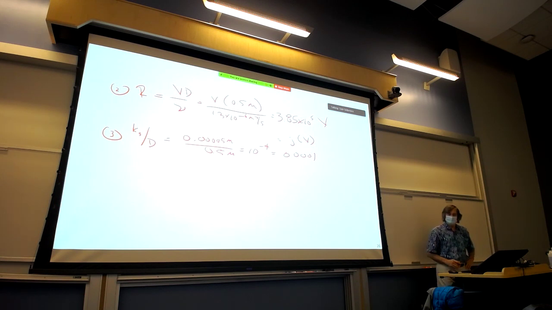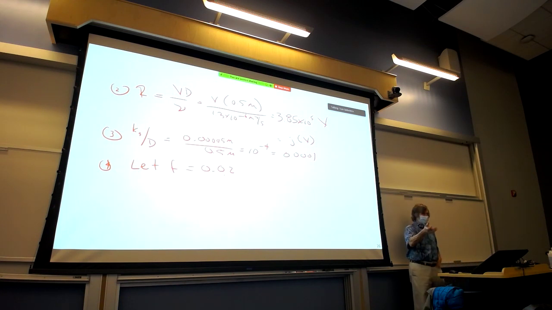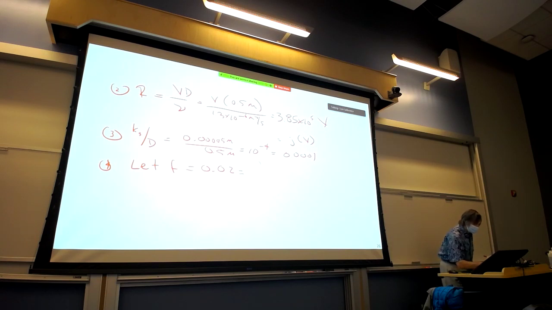Okay? So first step, let F equal 0.02. Remember, I suggested 0.015 to 0.02. It's a reasonable number. This is our assumed friction factor. And therefore the velocity, 0.125 over square root of 0.02.